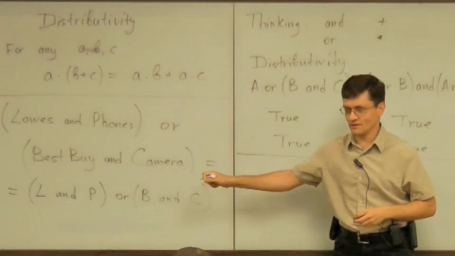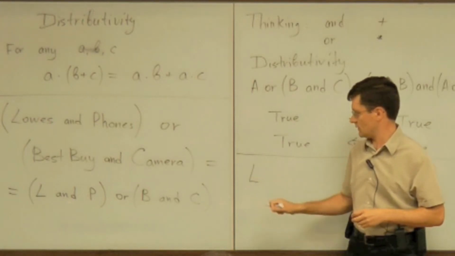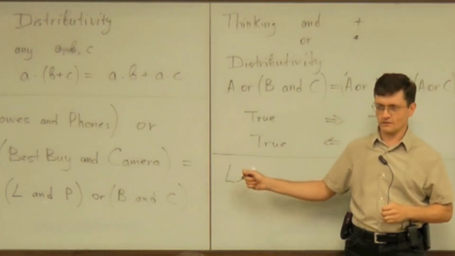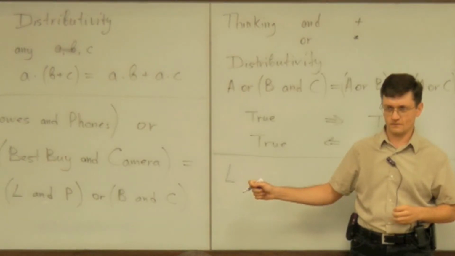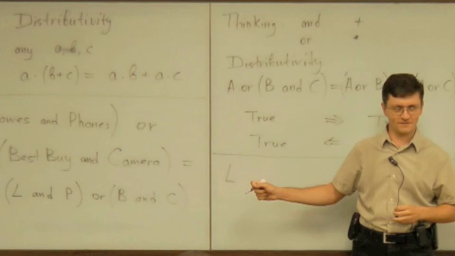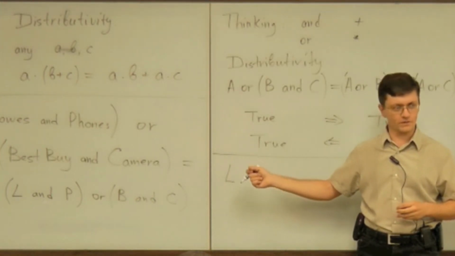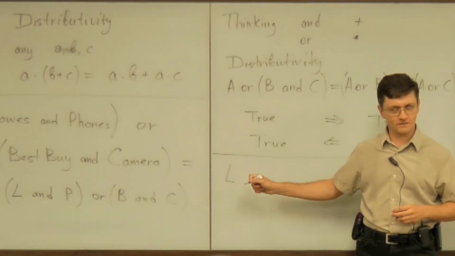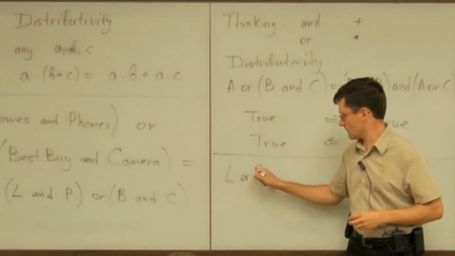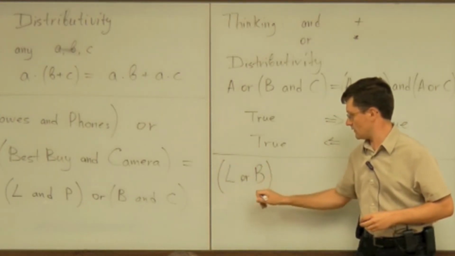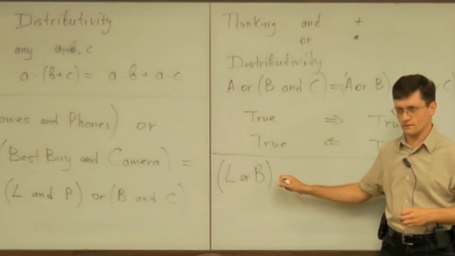Can you help me with multiplying through? L or B, or A L and B? L or B. Okay. And then what else?